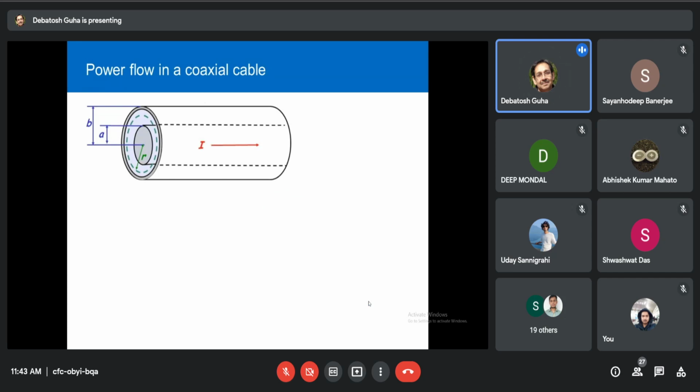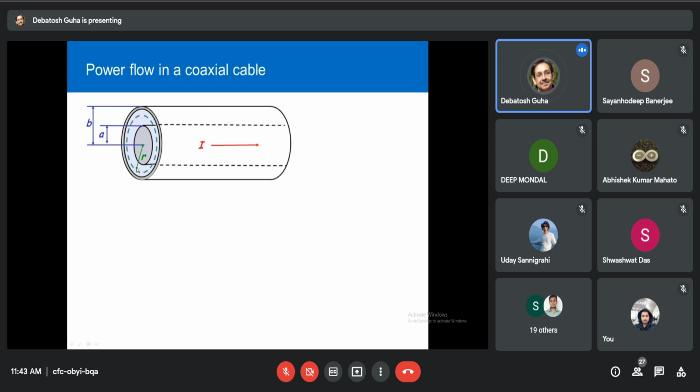And better I conclude over here today. It is the last one. You consider one very simple mathematical, just few steps of mathematics will take you to a different world. This is a coaxial cable.